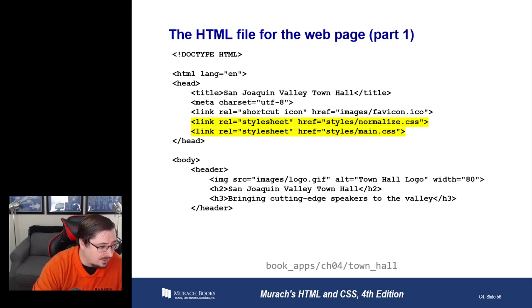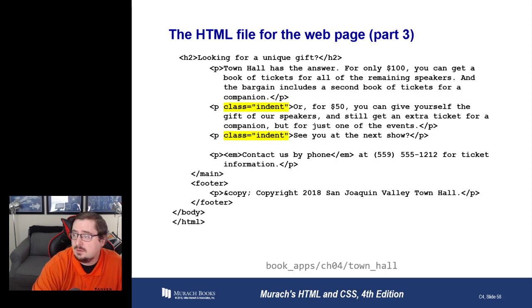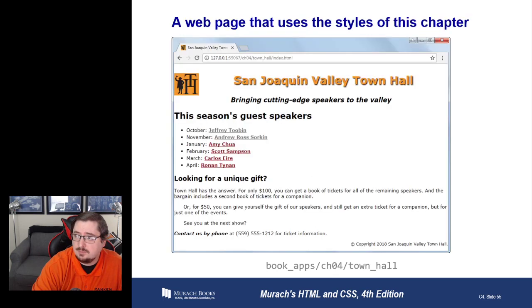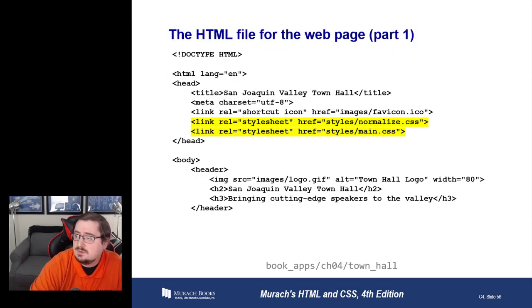It's got the normalized CSS and then the main CSS style sheet. I'll let you walk through that example on your own time, because there's enough there to dig through and digest, and knowing all the things that we've covered in this chapter, you can see where those things are and how they've applied some of those pieces.